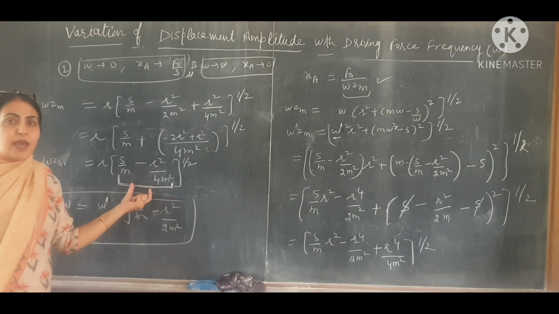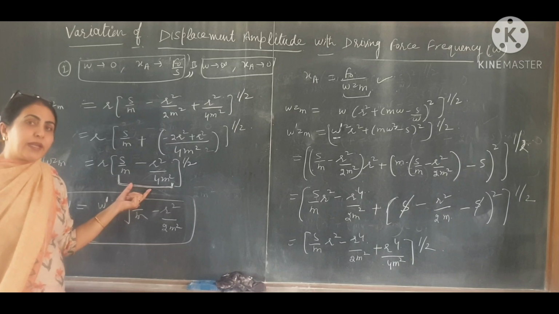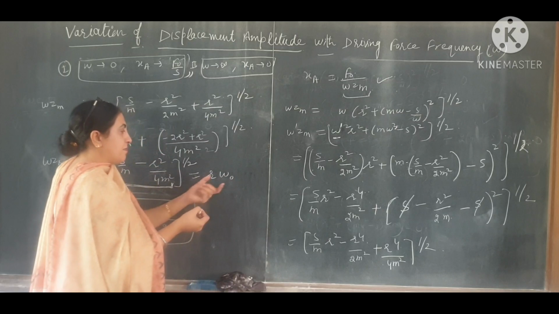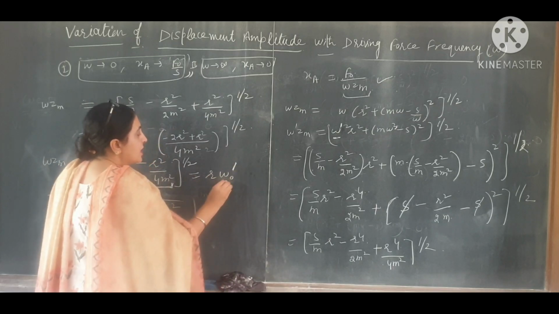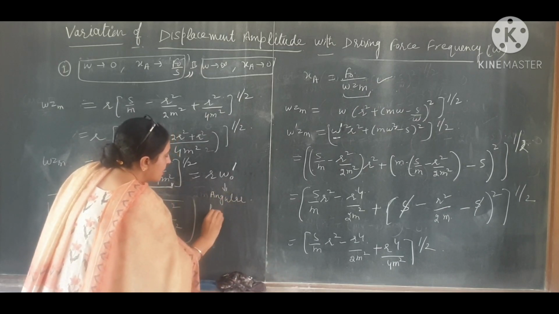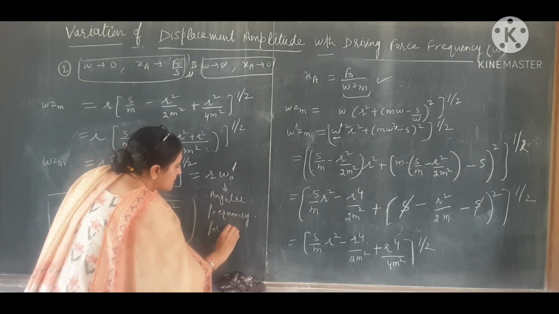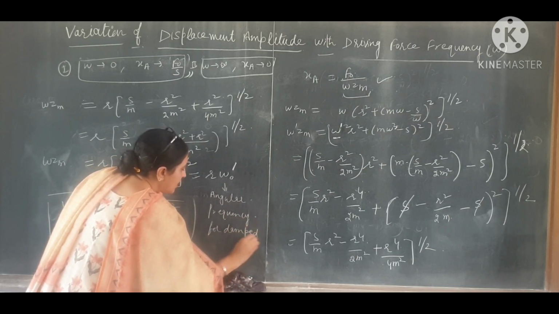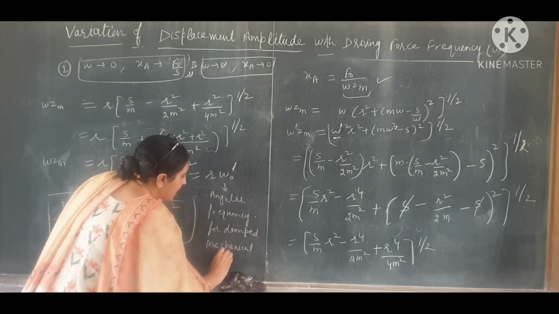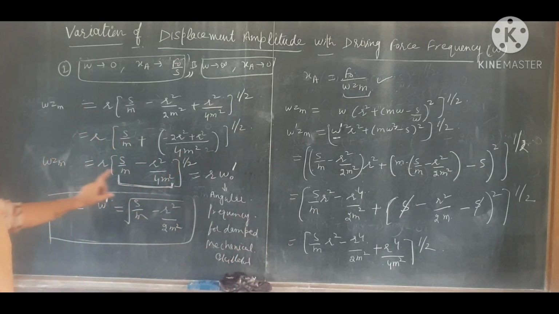So this is equal to r into, we give the symbol omega naught dash. This is the angular frequency for a damped mechanical oscillator.